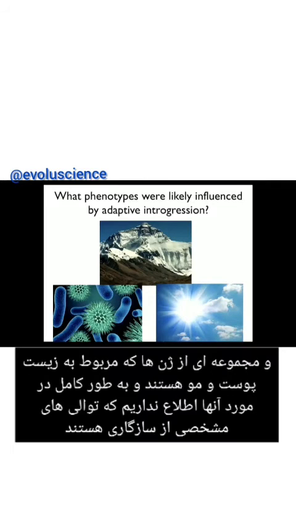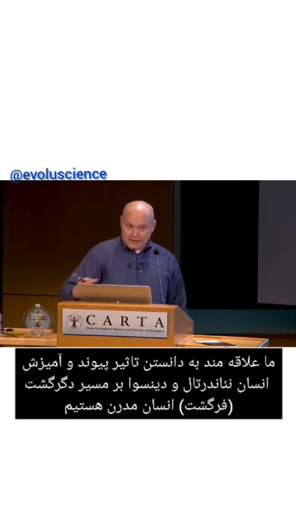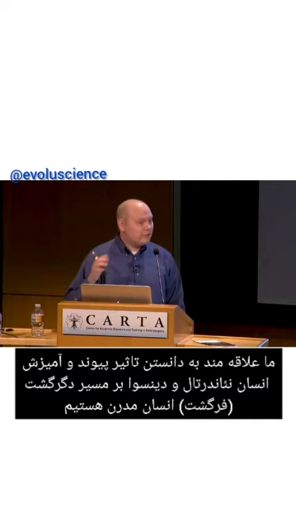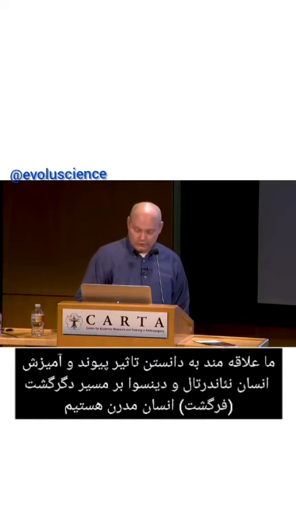And then there's a set of genes that we don't really fully understand that are involved in skin and hair biology, and they too show a very strong signature of adaptive introgression. So we'd like to continue to understand how hybridizing or mating with Neanderthals and Denisovans influenced the trajectory of human evolution.